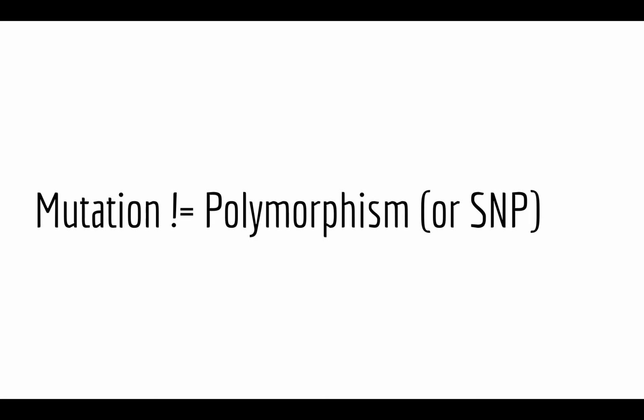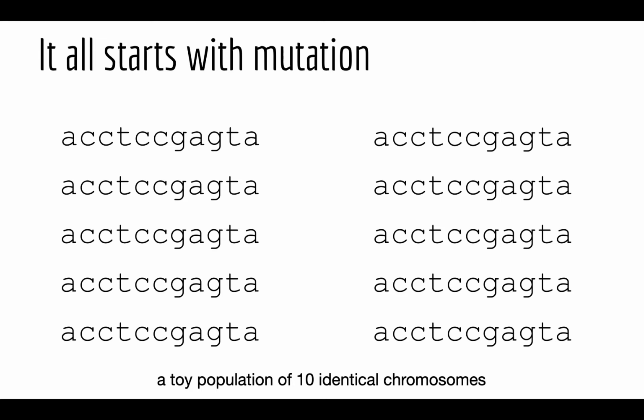So there are lots of mutations that arise in a sperm lineage, or an egg lineage for that matter, that never go on to fertilize an egg and therefore have no opportunity to become a polymorphism by being transmitted to the next generation and the next generation. So we really need to be careful about terminology and use the right word for the mechanism or the type of thing that we're talking about.